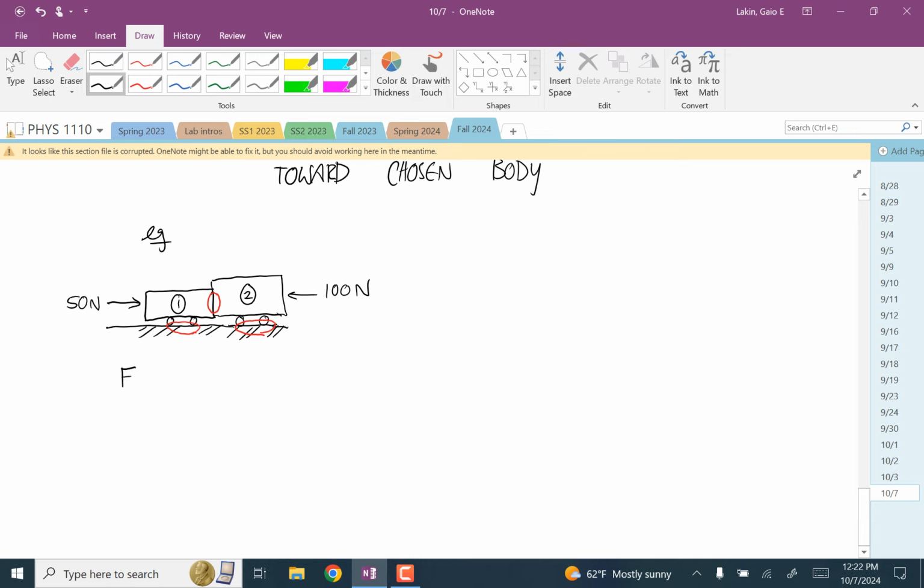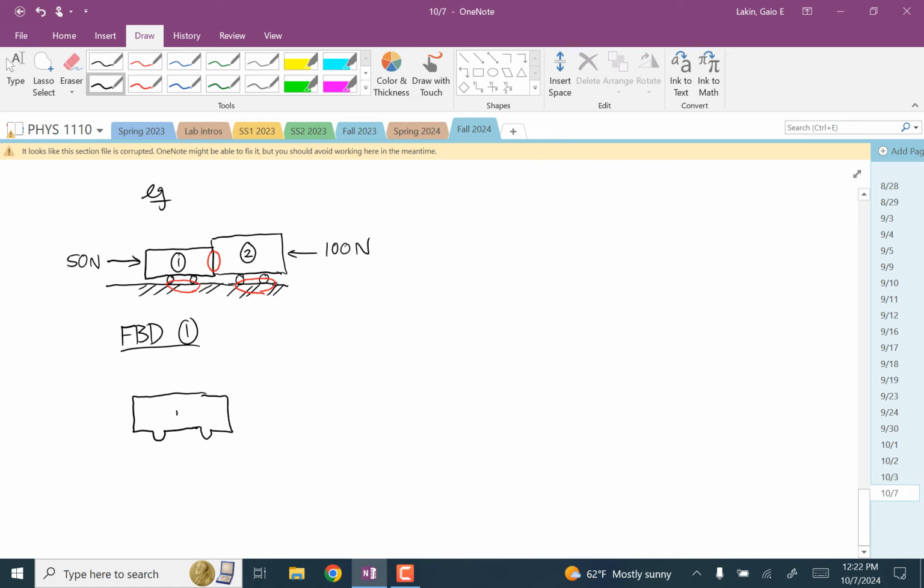So let's see what free body diagrams look like for both of these. So for body 1, here's a closed outline of the body. There's a weight force. I didn't say what the mass is, so I'm just going to call this mass 1 times g.